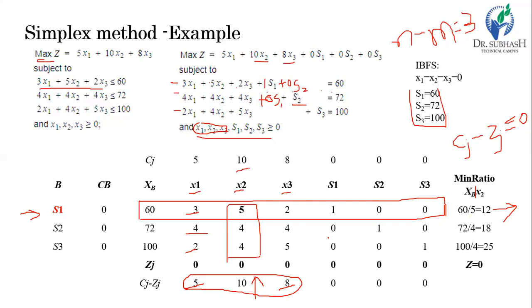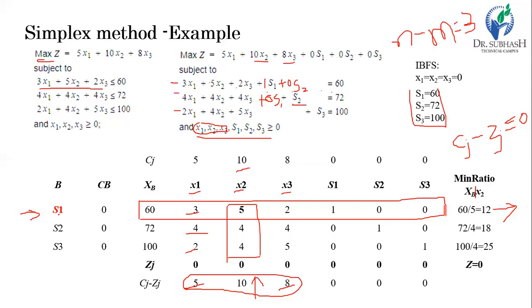What we get here is that we started with the initial basic feasible solution by setting the n minus m variables equal to 0, and we get one solution. We check that solution by considering the Cj minus Zj values. If one or more Cj minus Zj values are greater than 0, then it is not an optimal solution, and we have to change the basic variable column.